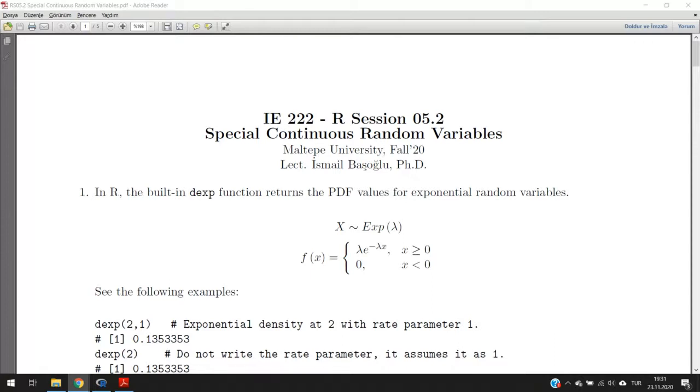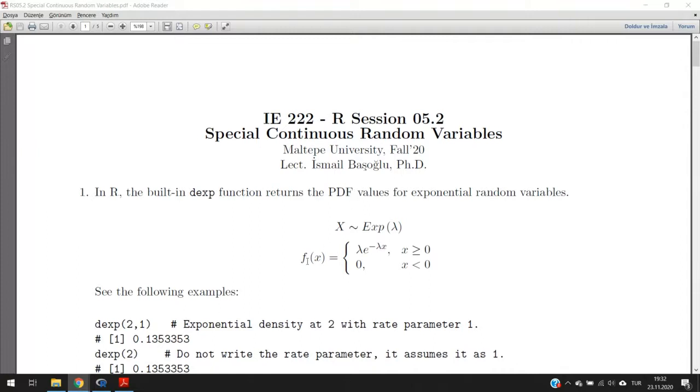So just like in the R session that we have covered about the conceptual discrete random variables like binomial and Poisson random variables, again, we are going to use the letter D as a prefix to the first few letters of the distribution, and then it is going to help us to calculate the probability density function of the related random variable.